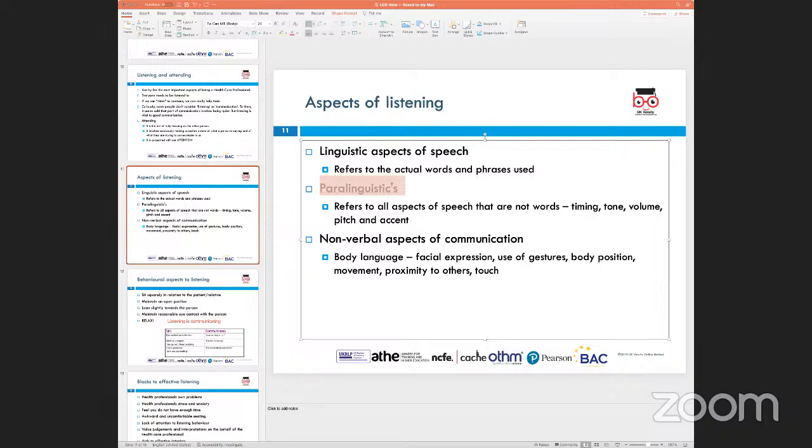They would be essentially what are called paralinguistic cues, which are essential parts of human communication. So my timing, my tone, my voice, my pitch, my accent is going to constitute that.